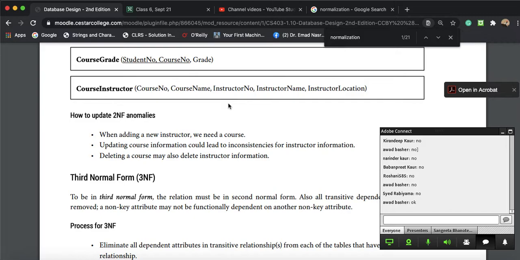How? Look here. The only non-key attribute that depends directly on the course number is course name. So I have to take course number and course name in a separate table. Instructor number, instructor name, instructor location in another table.